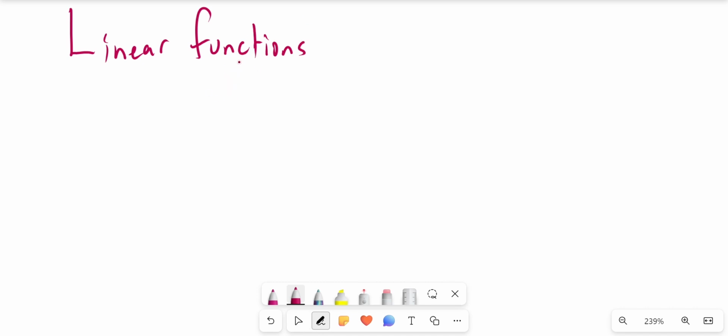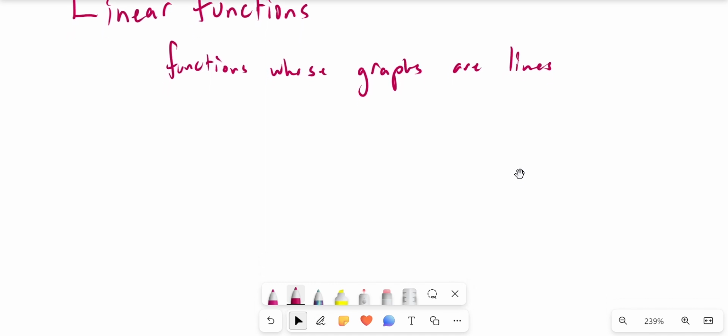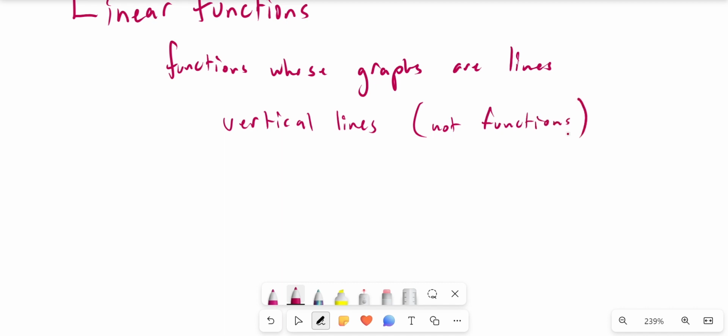So this is functions whose graphs are lines. And there's only those two cases. Either they are vertical, in which case they are not functions, because a vertical line would hit a vertical line in every spot. And then there's other lines.